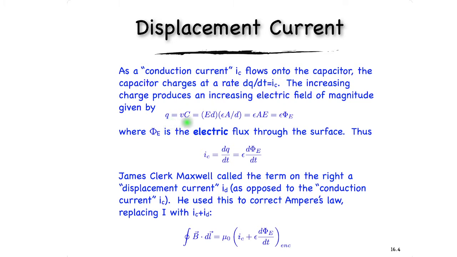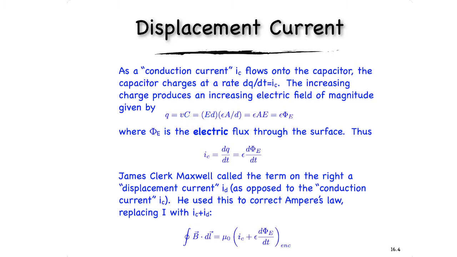It's just the relationship between charge and voltage on a capacitor. And if it's a parallel plate capacitor, the voltage between the plates is E times D, where E is the electric field between the plates, which is a constant. D is the separation. And so we know when we do a line integral along an electric field, we get a change in voltage. So that voltage can be written as E times D.